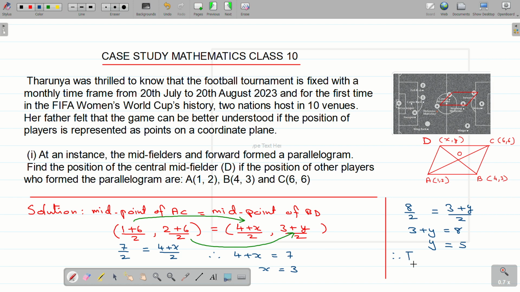Therefore, the coordinates of D are (3, 5). 3 is the x coordinate and 5 is the y coordinate.